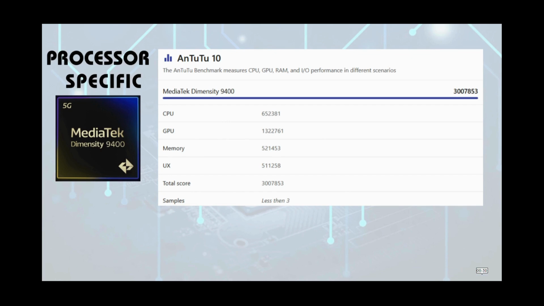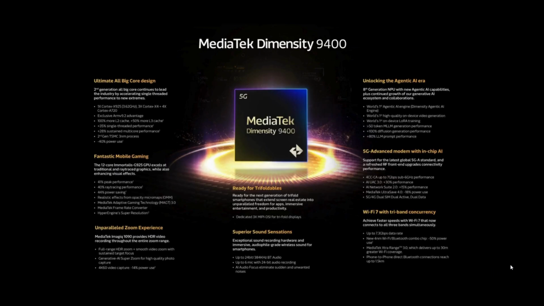The difference in the MediaTek Dimensity compared to previous processors is its big core design, which they have designed to use 40% less power. In mobile gaming, they have improved performance and reduced power usage by 44%.